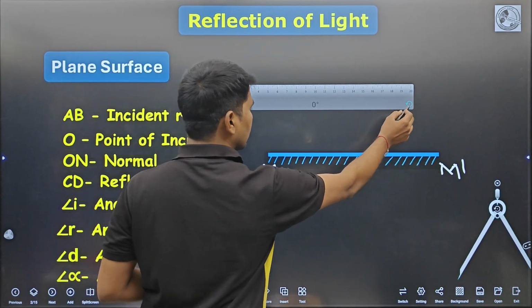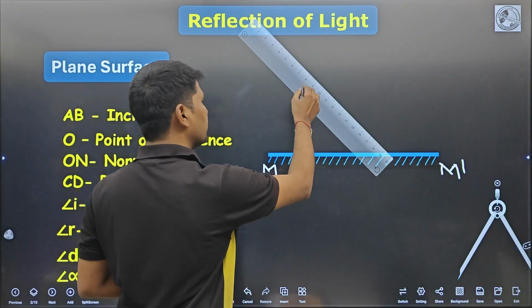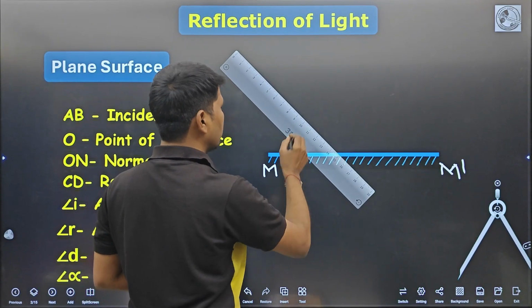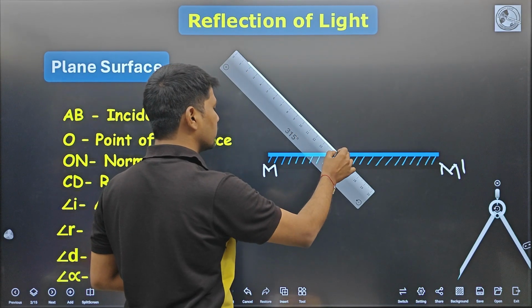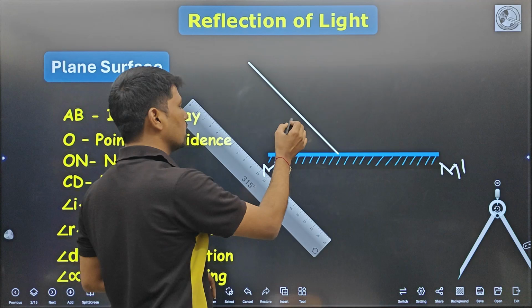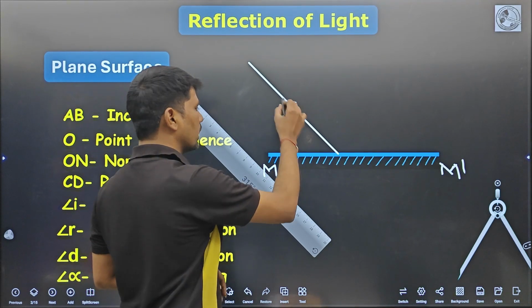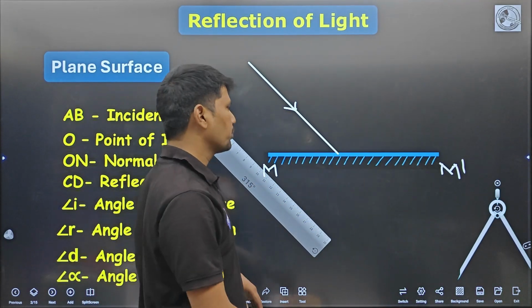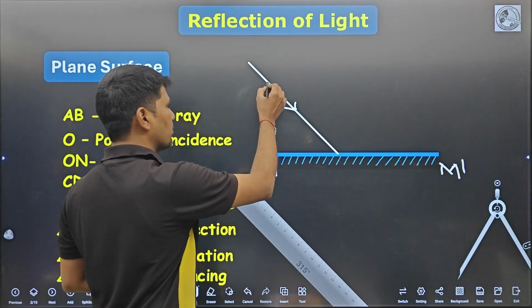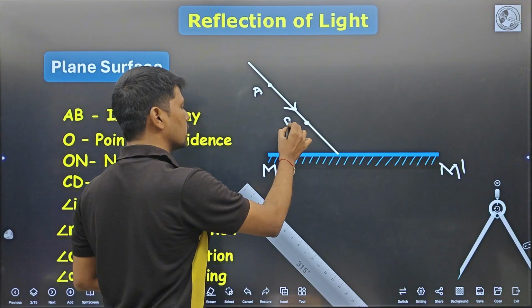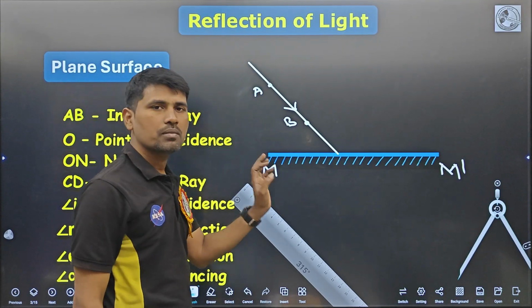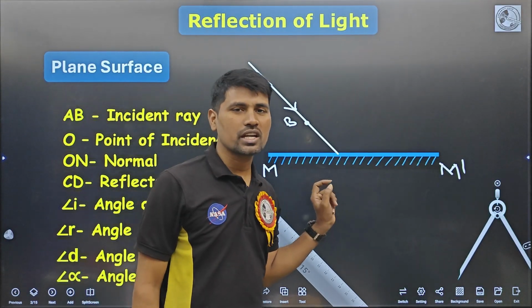If your light is projected on the plane mirror, then what happens? You have done the activities also. Observe carefully. Now this is called the incident ray, incident on the plane mirror. I am considering this point as capital A and this point as capital B. AB is the incident ray.